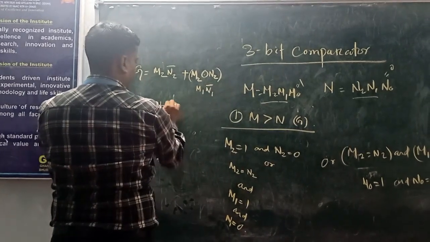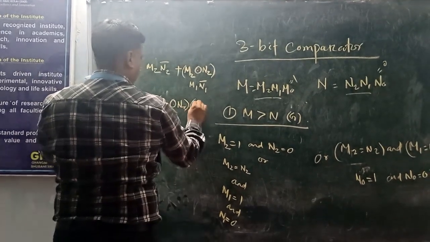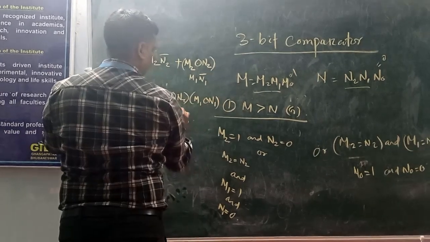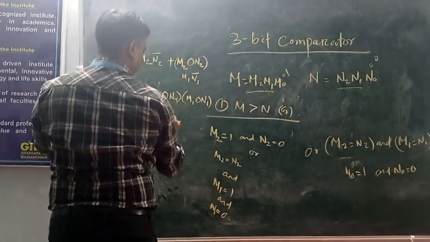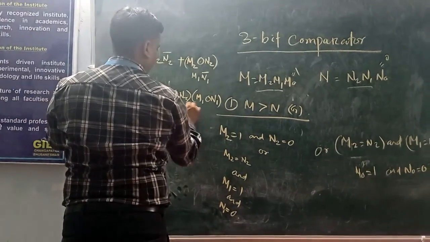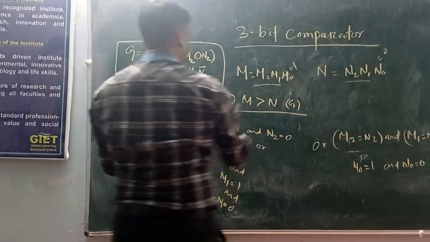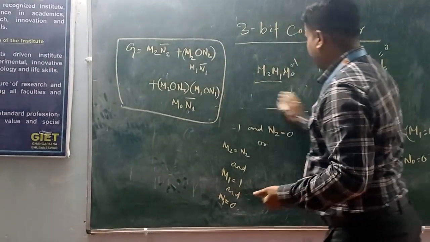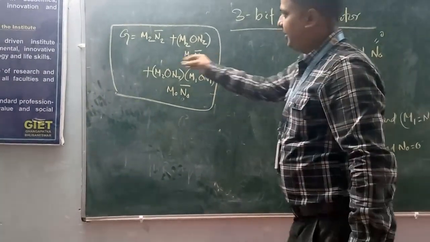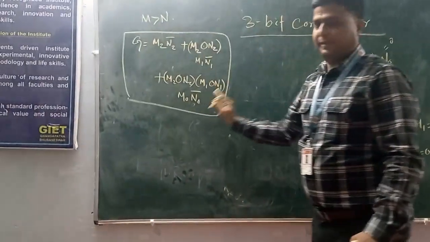The last condition is M2 XNOR N2, M1 XNOR N1, and M0 N0 bar. So this is the overall expression for M greater than N.